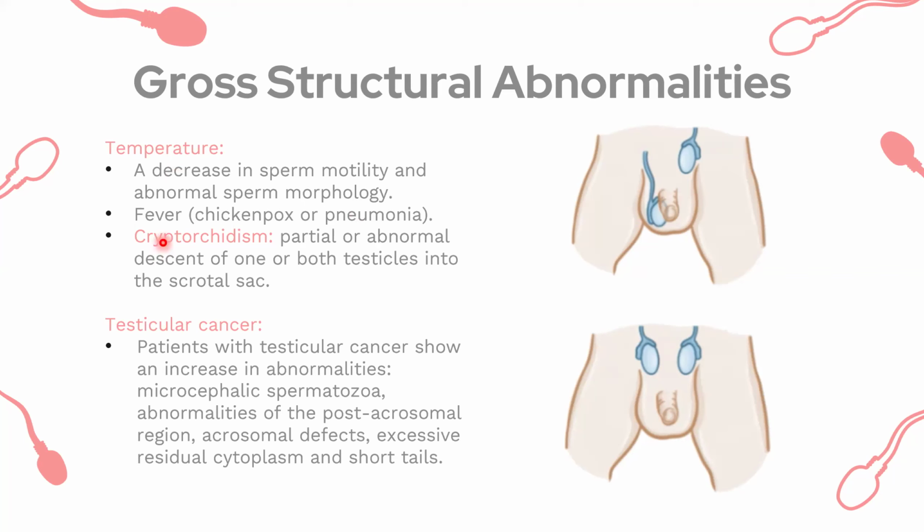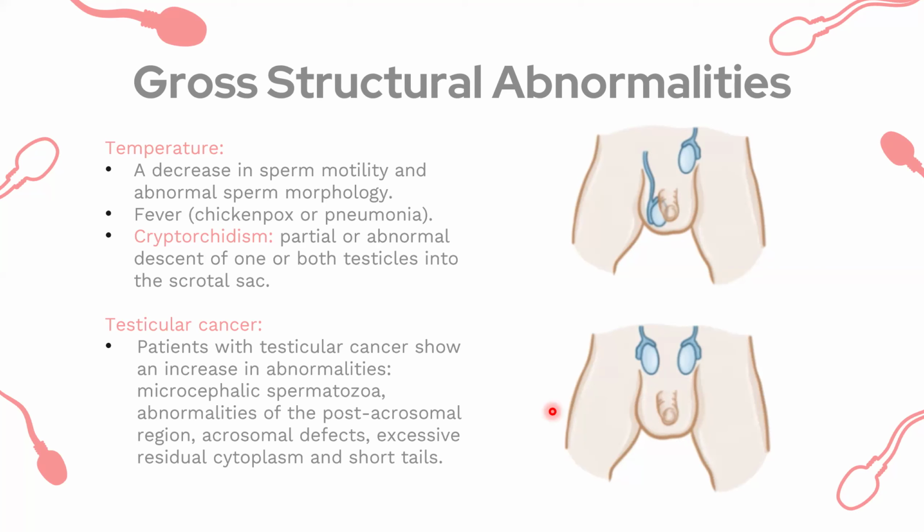If someone has a fever for a prolonged amount of time or a very high grade fever, so 40 degrees Celsius, let's say, they are at risk of developing this type of defect, okay?